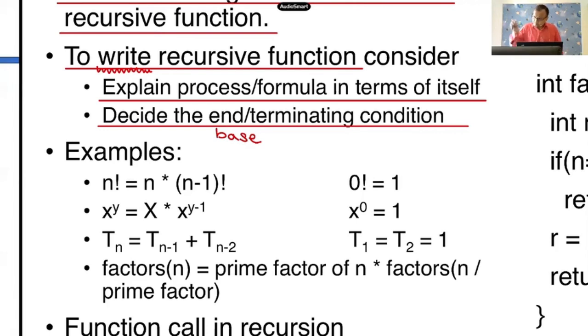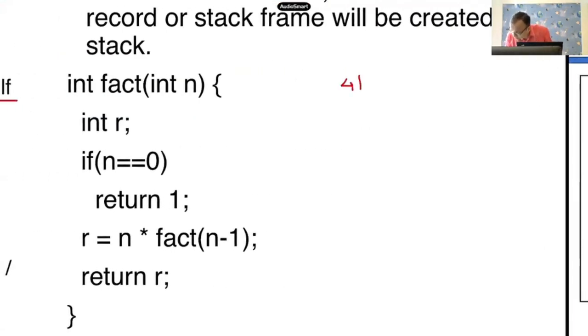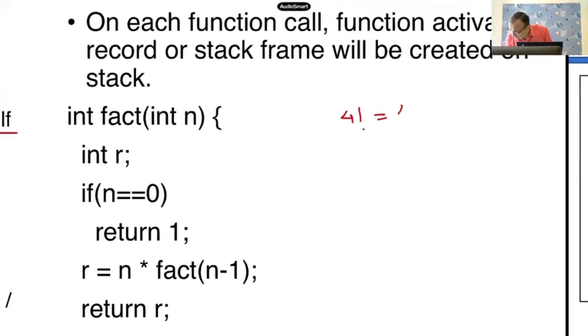Sir, example, the most common example I'll take first. You say factorial. So you always say that n factorial is equal to n into n minus 1 factorial. Is it? Yes, absolutely. N factorial is equal to n into n minus 1 factorial. And if this is the problem statement, so you say 4 factorial is nothing but 4 into 3 factorial.